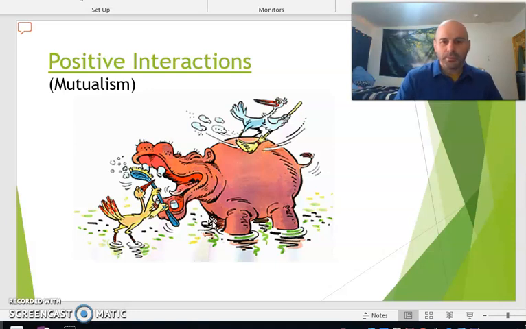For example, some birds like to stay around hippos and other large animals to eat insects and other bits of food from the bodies of the large animals. So the birds get a free meal, and the big animals like the hippo here get a free cleaning. So both are happy, both get to benefit from that relationship.